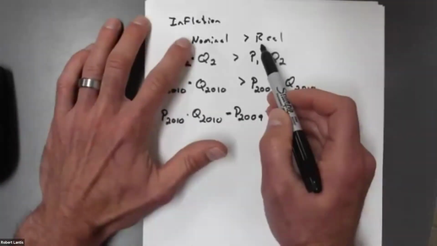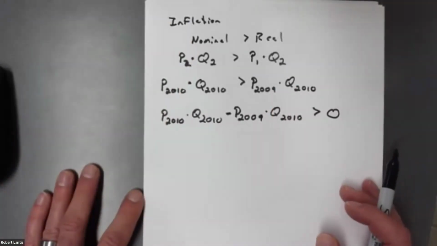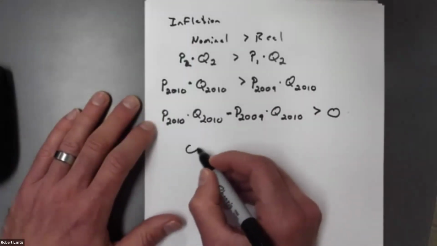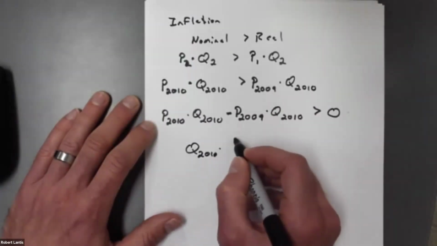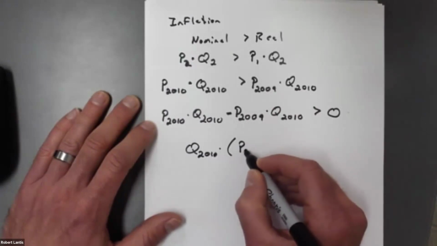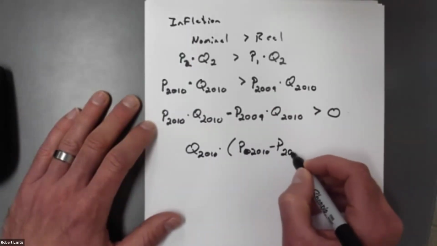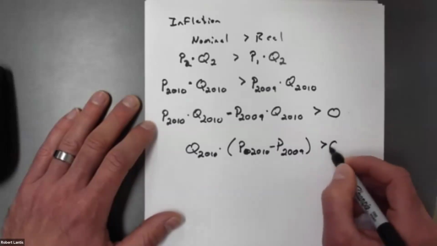That's what's going to be true if nominal GDP is greater than real GDP. If I rearrange this equation a little bit, I can pull that quantity out to the front. I then have the difference between these prices in the two different time periods.